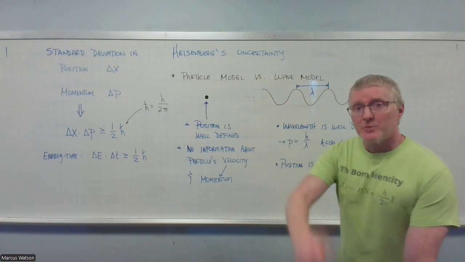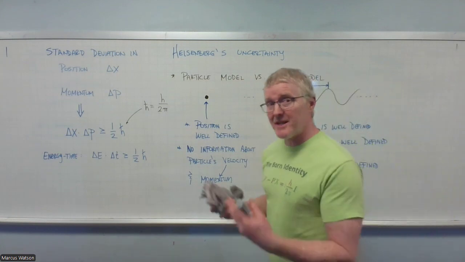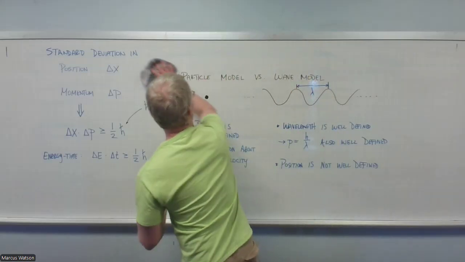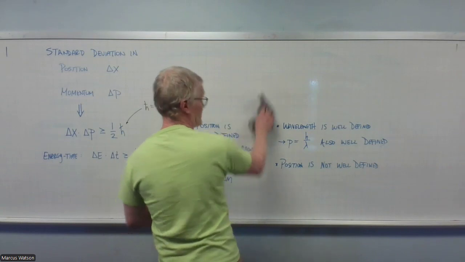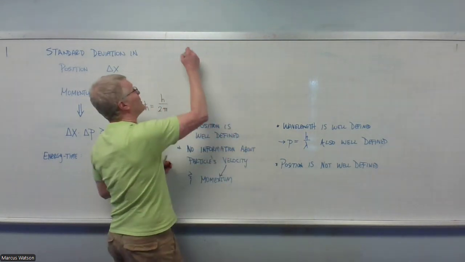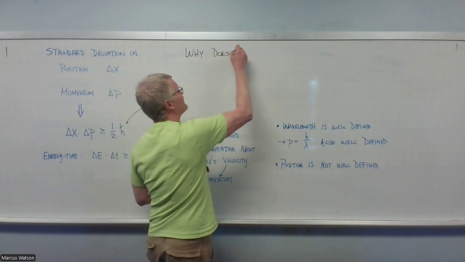But now let's get back to the original question, which was, why doesn't the electron sit on top of the nucleus? Well, this provides us a bit of a reason.